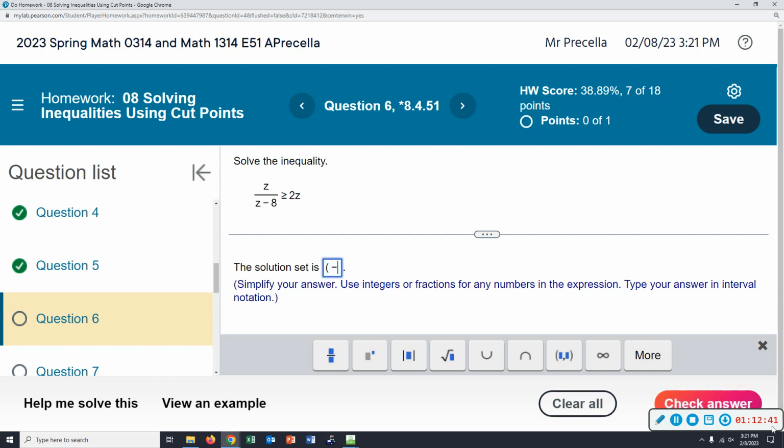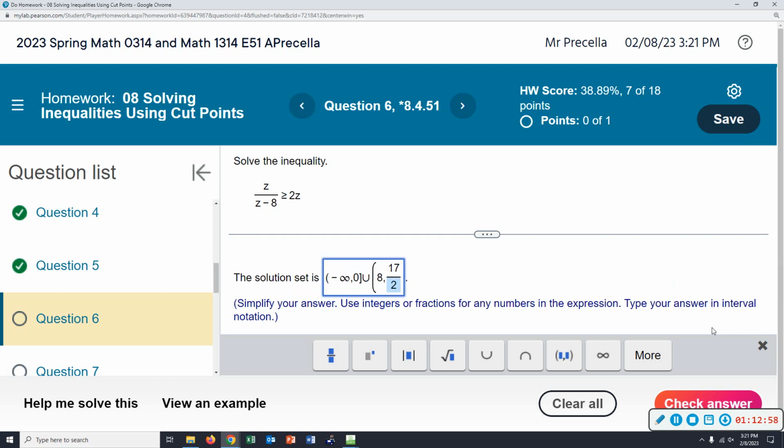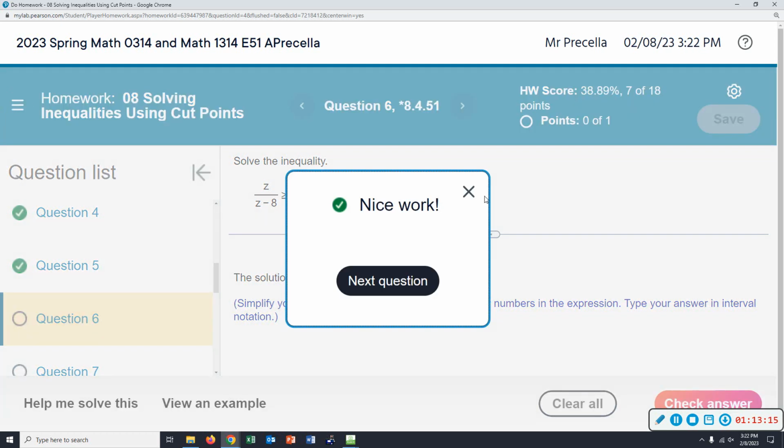Parentheses, negative infinity, comma, 0, bracket, union, parentheses, 8, comma, 17 over 2. Be careful, don't put the bracket down there. I'll hit right arrow to get out of that denominator, and then put the bracket. And check it.